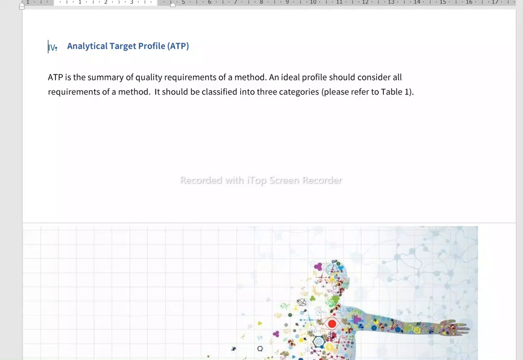It has also helped me very much. So analytical target profiling is a very important topic.